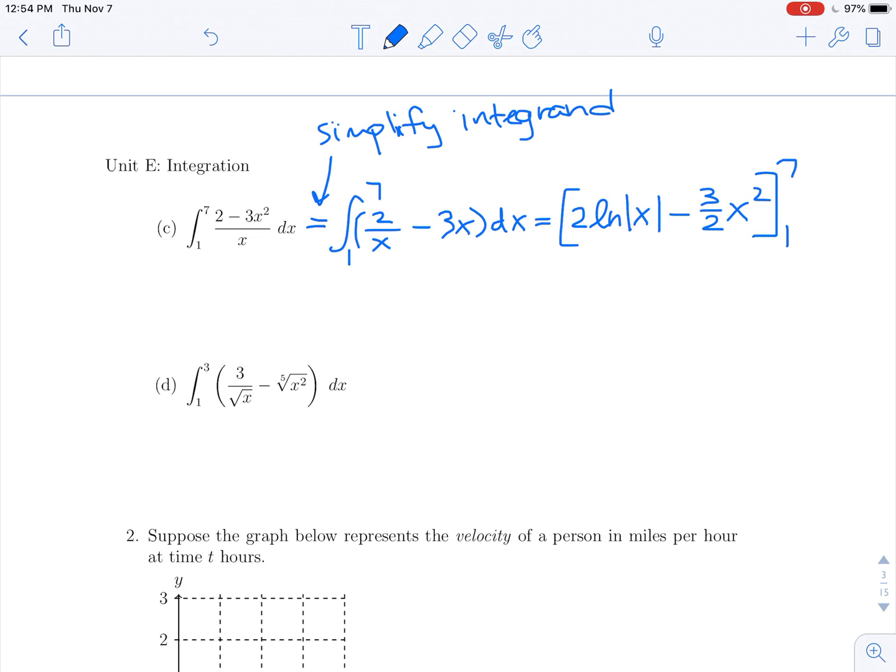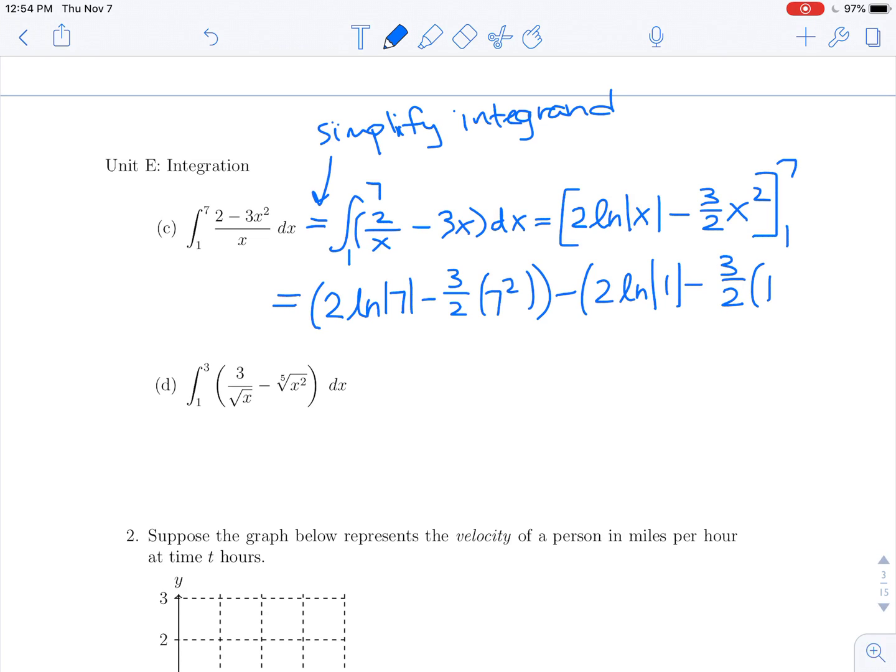Notice that I didn't write down that scratch work this time, because most of the time you really don't want to, so I want to help you start getting in the habit of writing it this way and not doing more steps. So 2 natural log absolute 7 minus 3 halves 7 squared, and then minus 2 natural log absolute 1 minus 3 halves 1 squared.